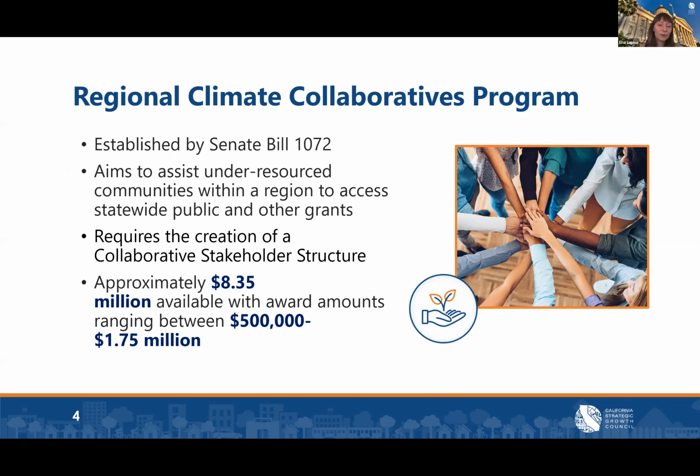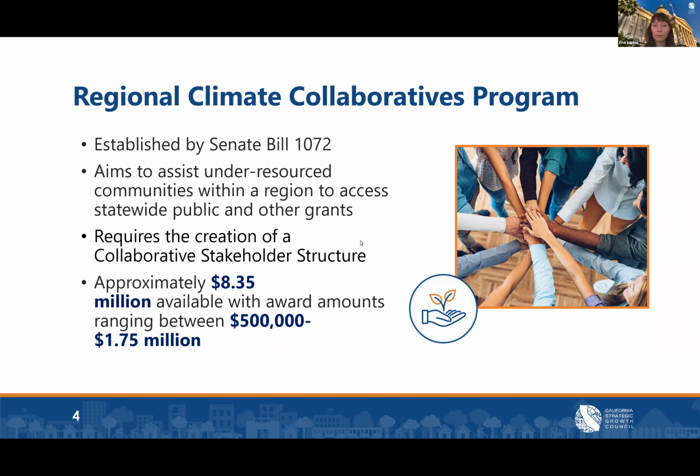Great. So we're really excited to kick off the first round of this program. It was established through legislation in 2018, actually, through SB 1072, and we only just received funding in this last funding cycle to implement the program. So we're really excited to be able to offer $8.35 million in this NOFA in a range of $500,000 to $1.75 million grants.